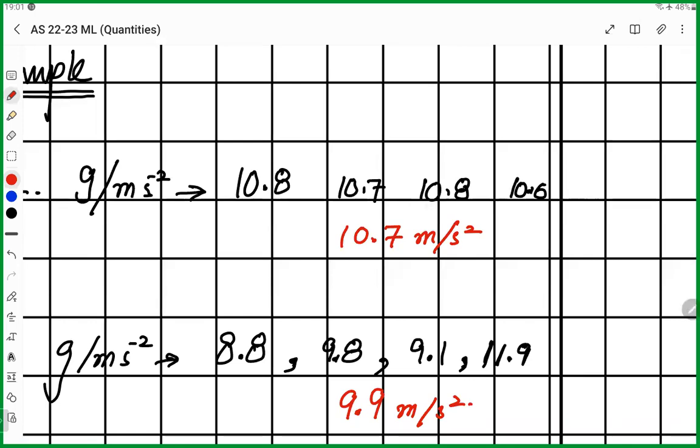The largest value is 10.8 and the smallest value is 10.6, and the difference will be 0.2.